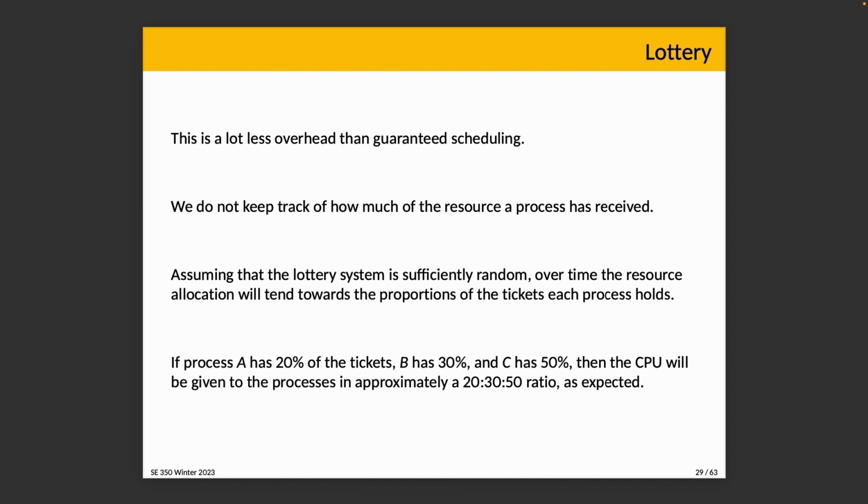Assuming the lottery system is sufficiently random, over time allocation tends toward the proportions of tickets each process holds, and we can change those proportions at any time. If process A has 20%, B 30%, and C 50%, then the CPU will be given to the processes in about that ratio. The big proviso is that random numbers are fairly hard to generate.